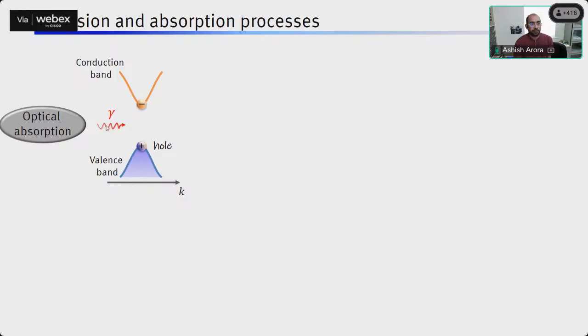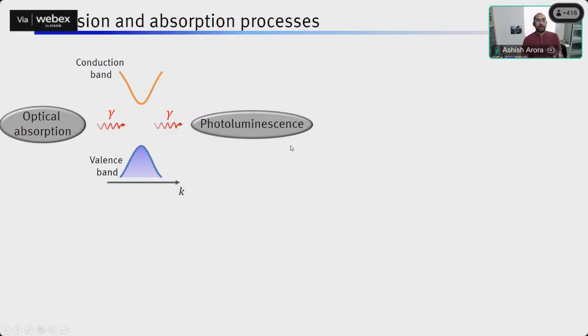Because the photon is absorbed, an electron hole pair is created, but this electron can also fall back into the hole, and then the process is called photoluminescence because the light which was absorbed by the semiconductor is now given out. Optical absorption is used for many absorption-based devices such as photovoltaics and photodiodes, whereas photoluminescence is used for emission-based devices many times.